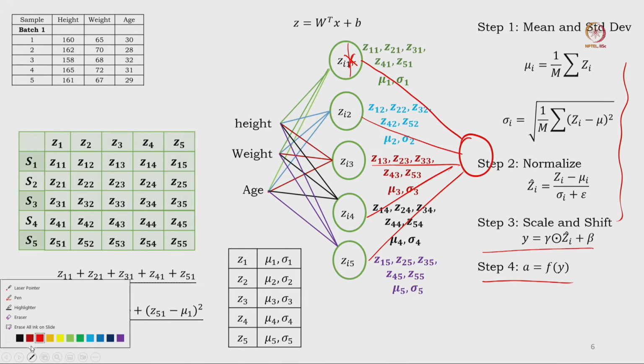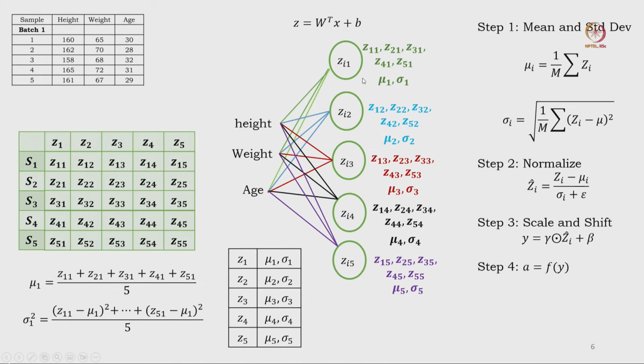Now, at the end of one mini batch, you are calculating mean and standard deviation and learning gamma and beta. There are 2 other parameters we should also calculate and keep.